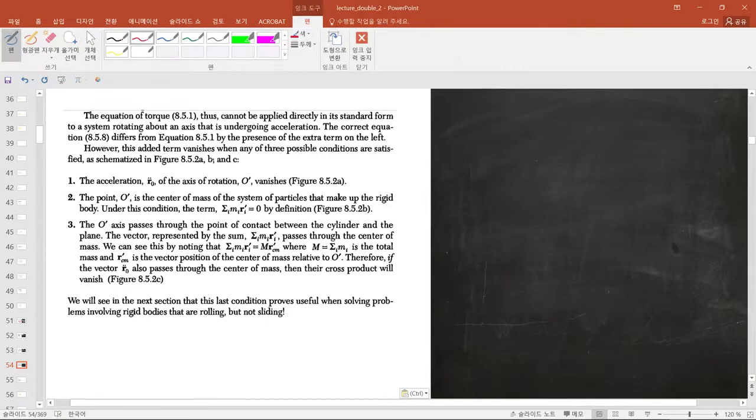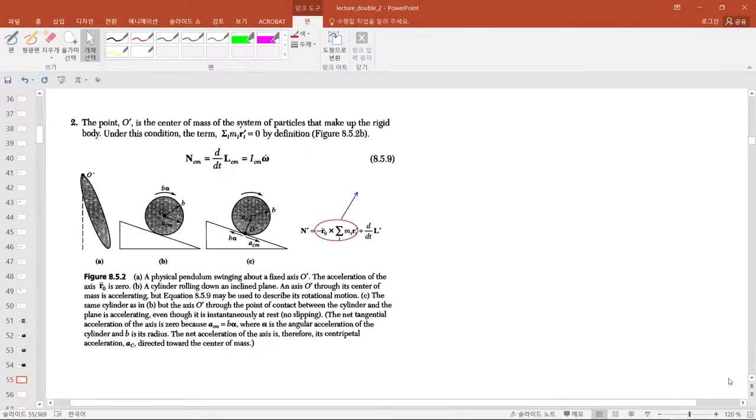There are three cases that are mentioned in the text where the acceleration term vanishes. In figure 3.8.52a, you have this case here: this point O prime is fixed, and then this one is true.